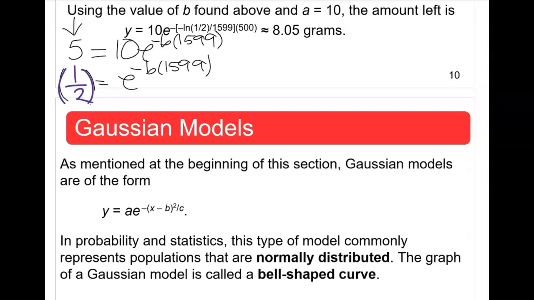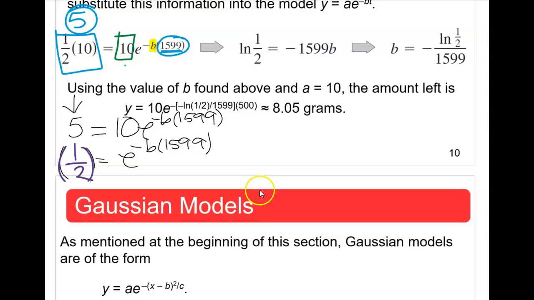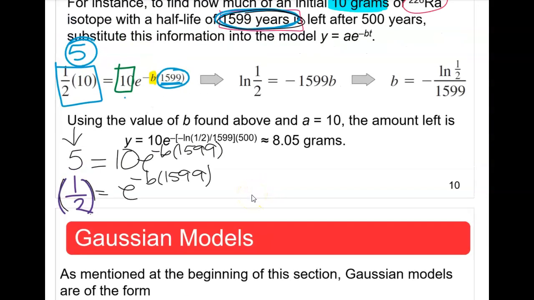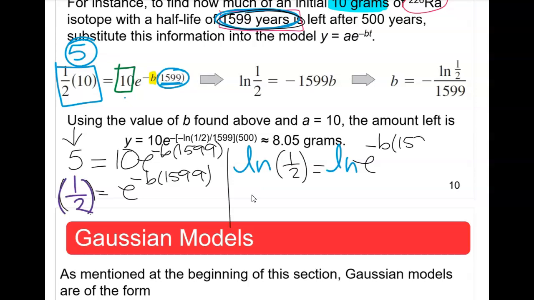And what we do now is we take the natural log on both sides. So it will be natural log of 1/2. And then here on the right side, natural log of e to the power negative b times 1599.